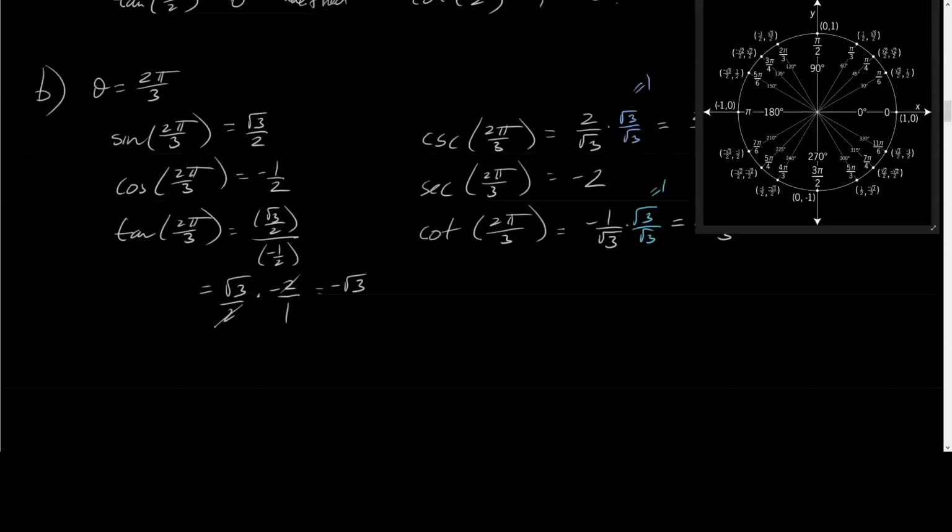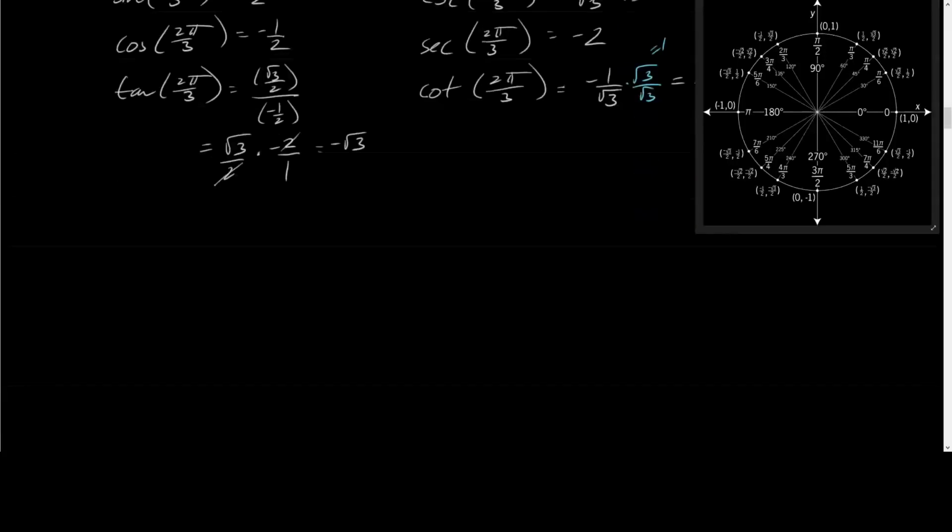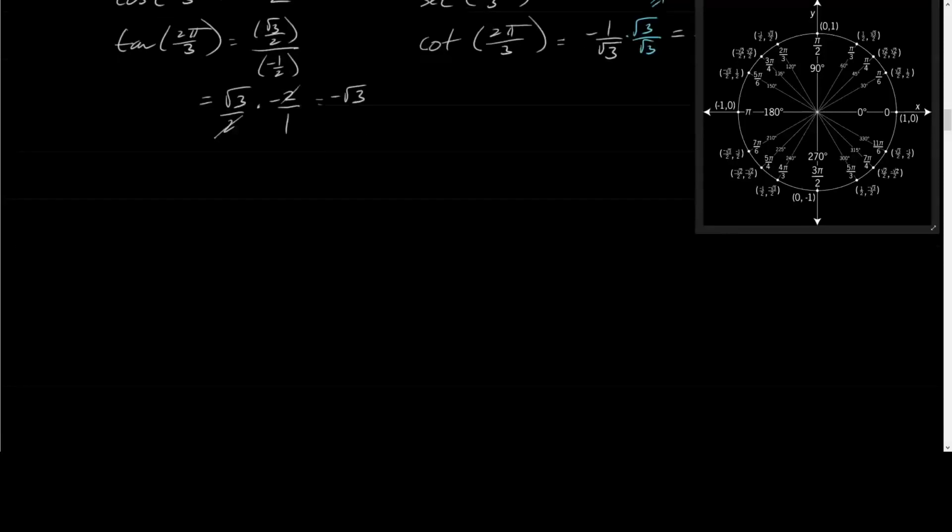Let's do another one. So example C. Let's say theta was actually 7 pi over 6. All right, 7 pi over 6.